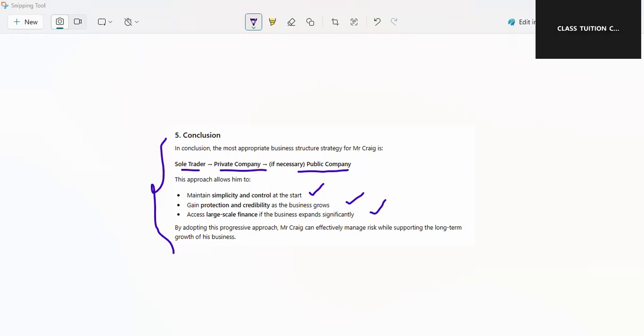All right, any other questions? You can share your past papers by revising.